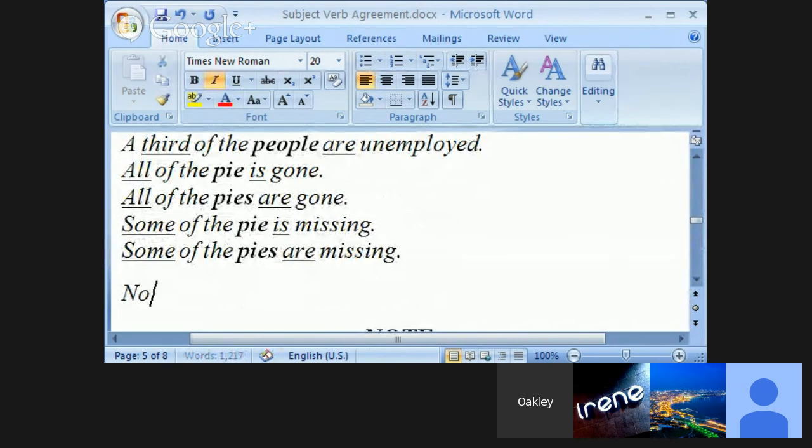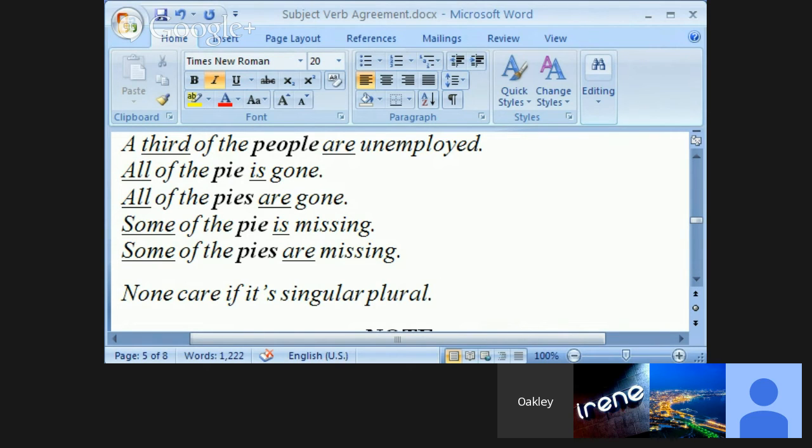Is none singular or plural? Well, who cares? None care. Who cares? None care if it's singular or plural. It doesn't really matter.